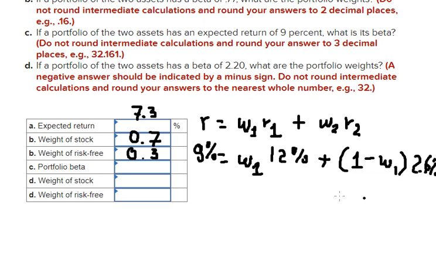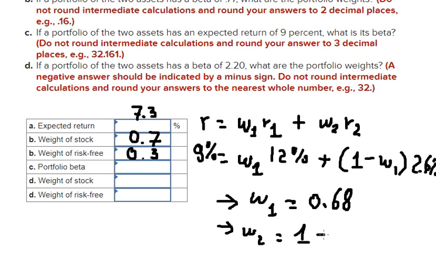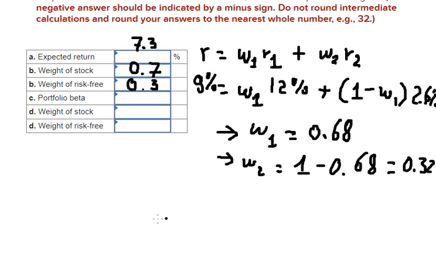If you calculate, W number 1 is about 0.68. So W number 2 is 1 minus 0.68, which is 0.32.